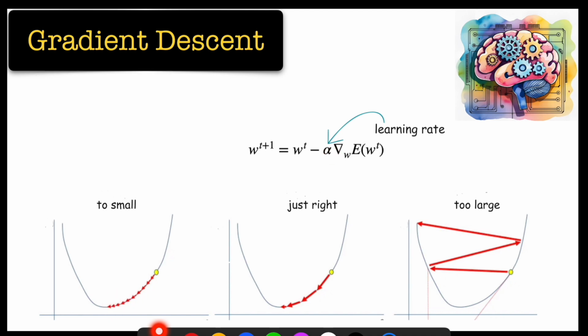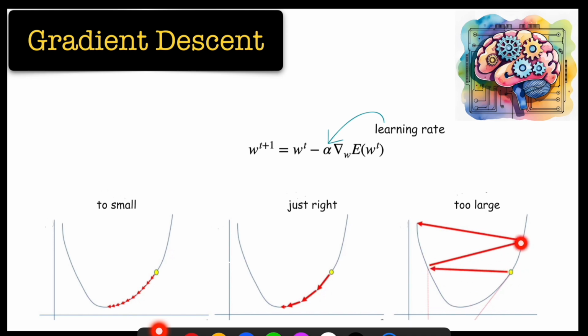So if alpha is very small, then we'll take small baby steps to reach the minimum. That means we'll have more iterations and it will take more time. If alpha is too large, then let's say we are starting from here, and of course you have to move in this direction, but instead of reaching here, you overshoot and reach here.